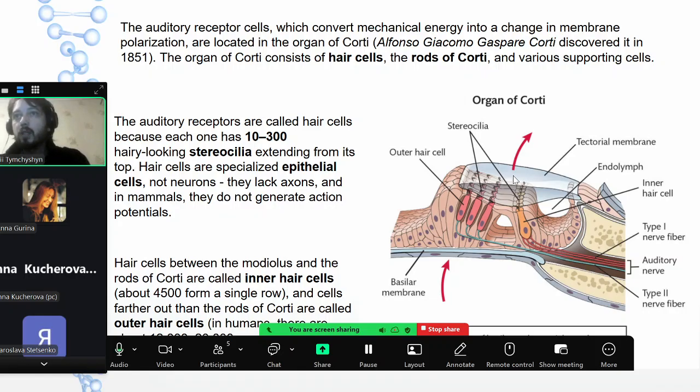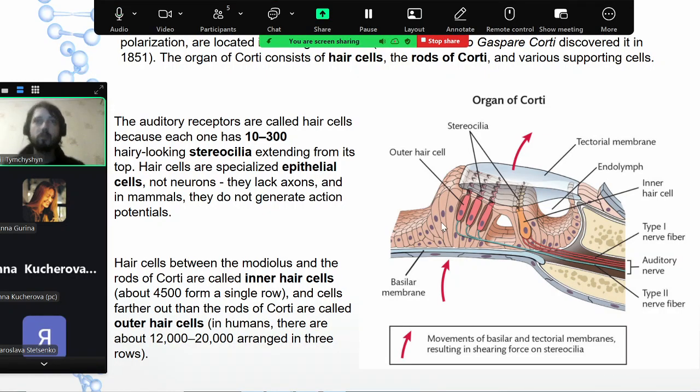So here you see this sort of tectorial membrane. So here you see the hair cells that are basically transforming mechanic oscillations into some signals that are later, let's say, conveyed with neurons to the brain. And here you see inner hair cells, and we will consider why do we need two types and what do they do.